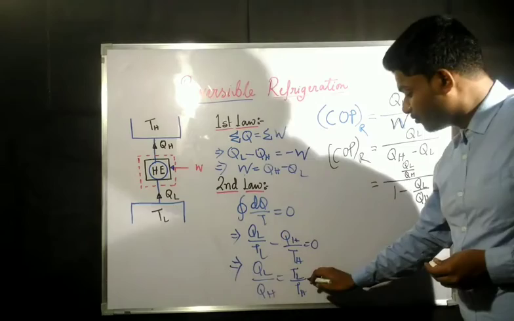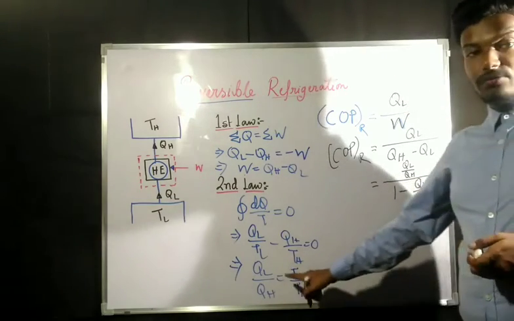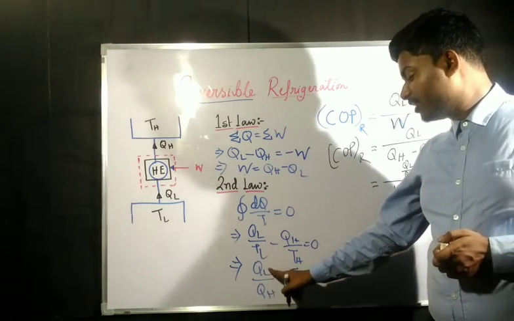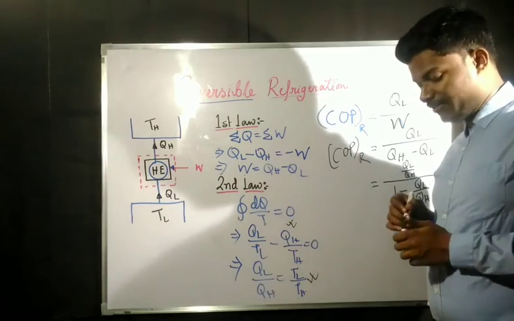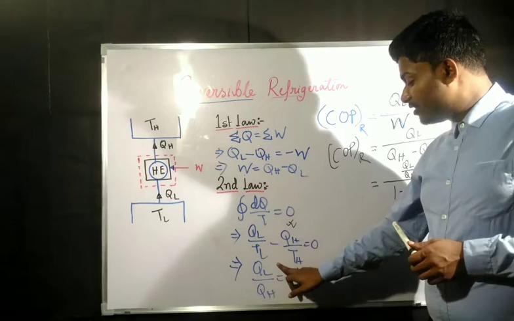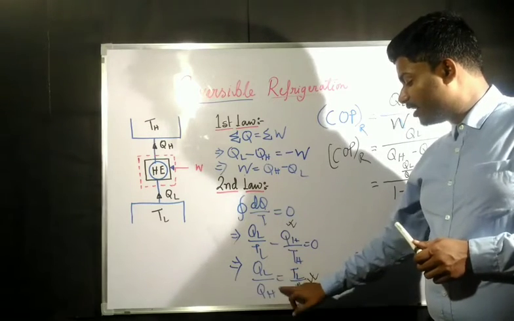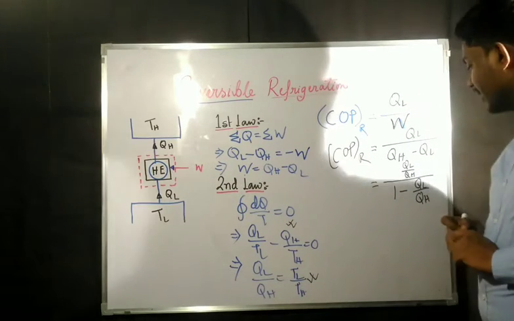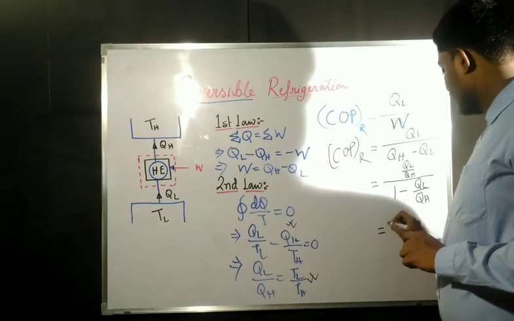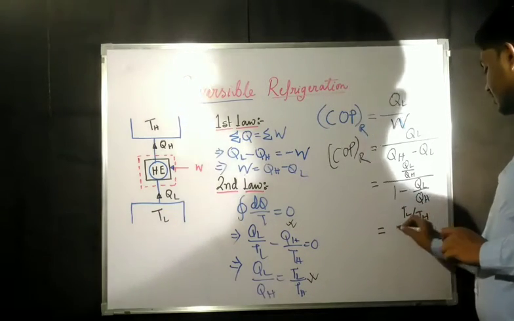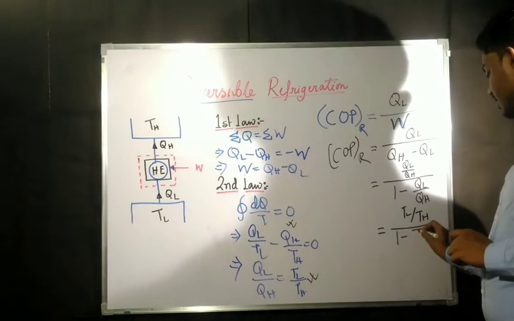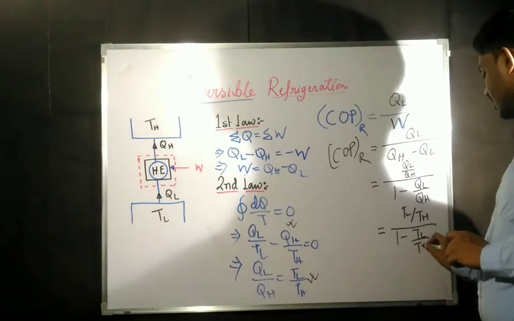For the reversible case, similar to the previous one, QL by QH is equal to TL by TH. So the same thing we can write as TL by TH divided by 1 minus TL by TH.